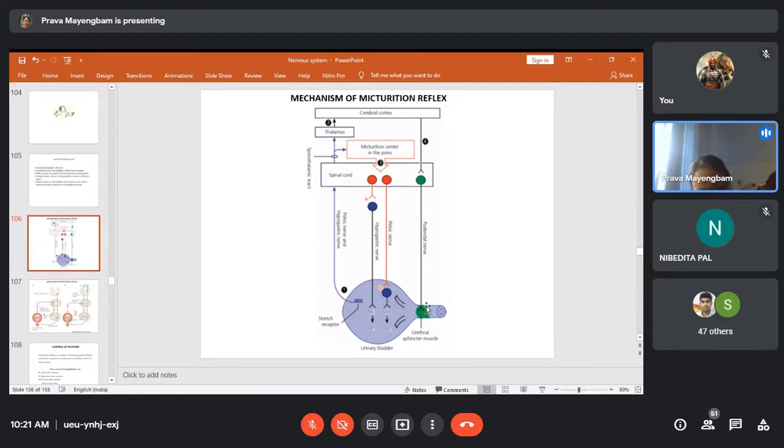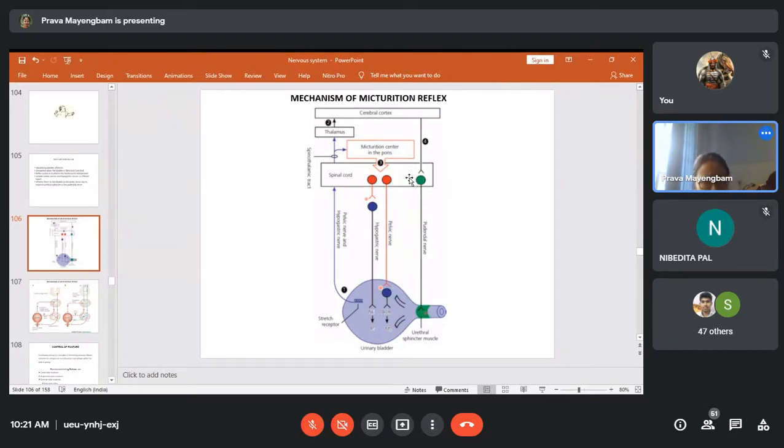It allows the contraction of the sphincter muscle, meaning the pudendal nerve acts on the urethral sphincter muscle and allows closure of the opening of the urinary bladder to the urethra. So this sphincter remains closed. Do you understand this?